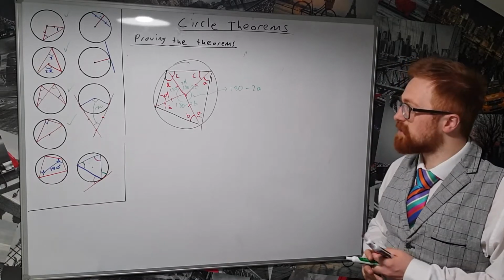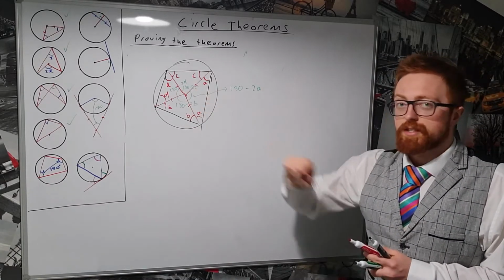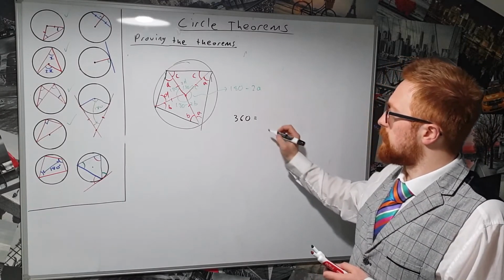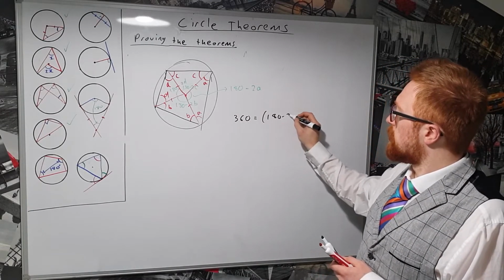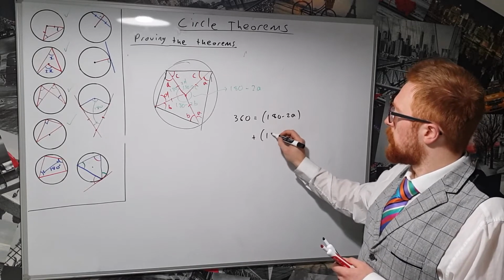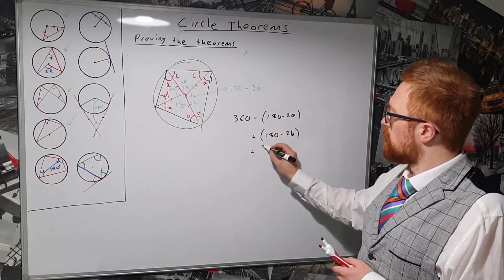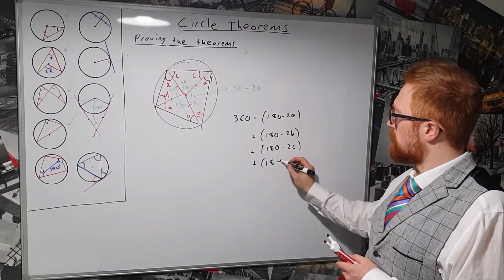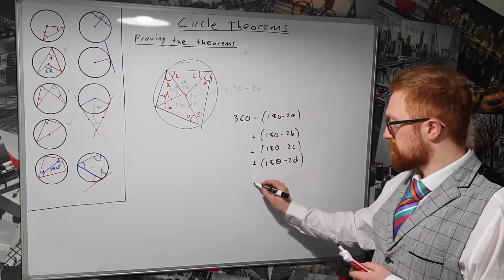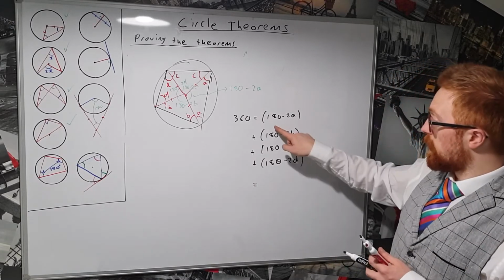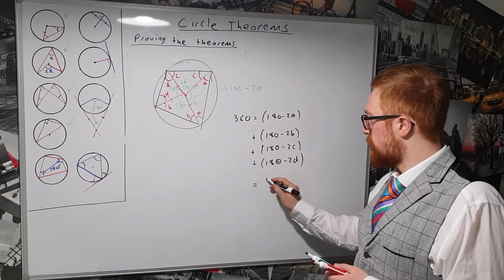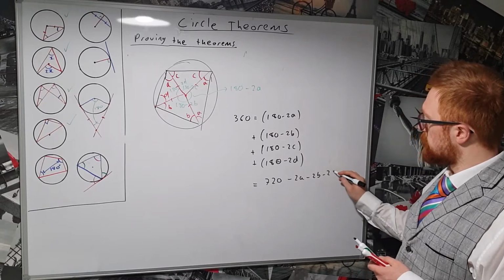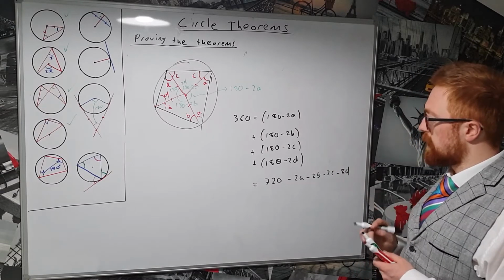Now if we add all of those angles together, we should get 360 because they're angles around a point. So let's do that. So 360 is equal to 180 minus 2a plus 180 minus 2b plus 180 minus 2c plus 180 minus 2d, which, if we simplify that, 180 plus 180 plus 180 plus 180 is 720, and then we get minus 2a minus 2b minus 2c minus 2d.